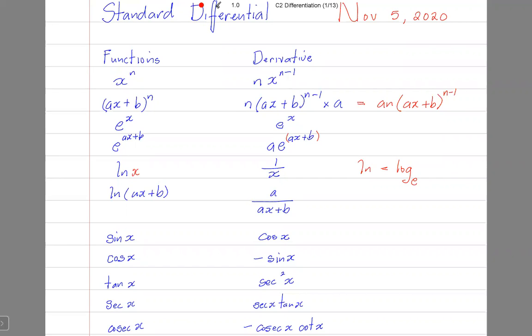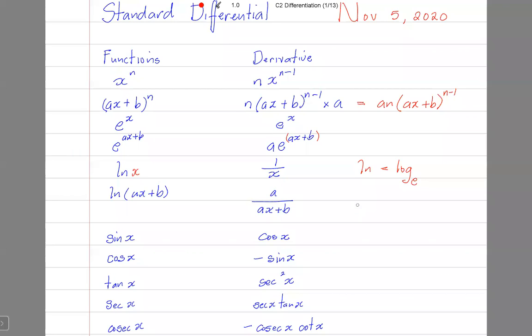Now, if you differentiate ln(ax + b), it is a composite function where the outer function is ln x, and the inner function is ax + b. When you differentiate a composite function, you use the chain rule, which is to differentiate the outer function.